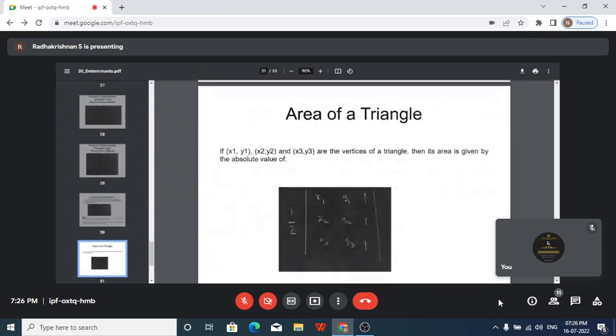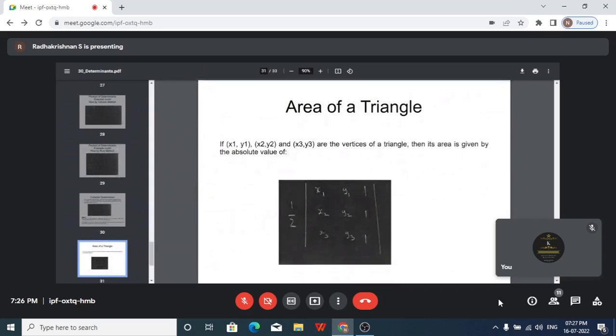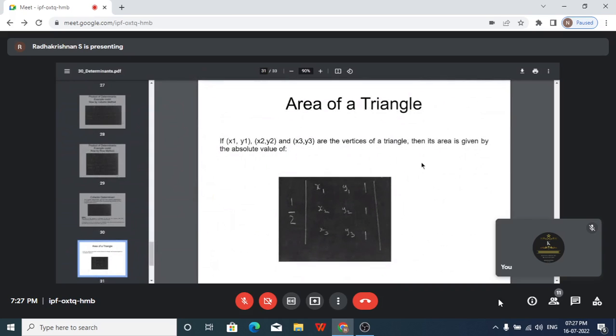Another application of this determinant is the area of a triangle. Suppose we have the coordinates of the three vertices of the triangle. They are x1, y1, x2, y2, x3, y3.